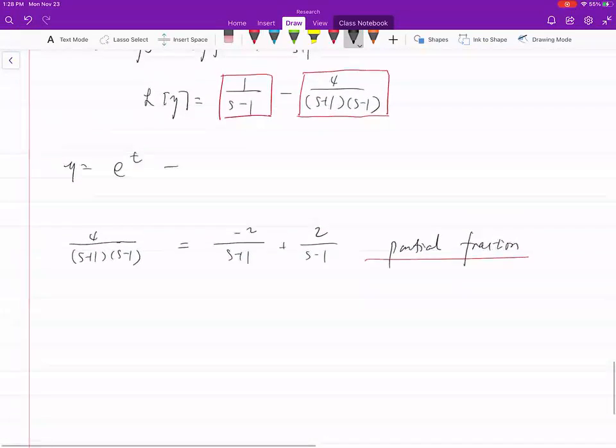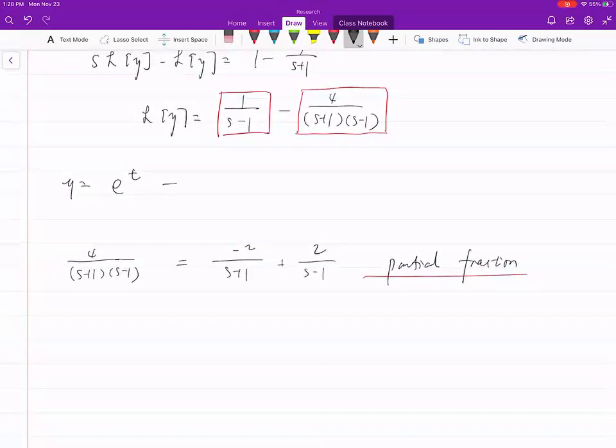Okay, if that's the case, I just need to do L inverse of these two, which will be negative 2 times e to the negative t, plus 2 e to the t.